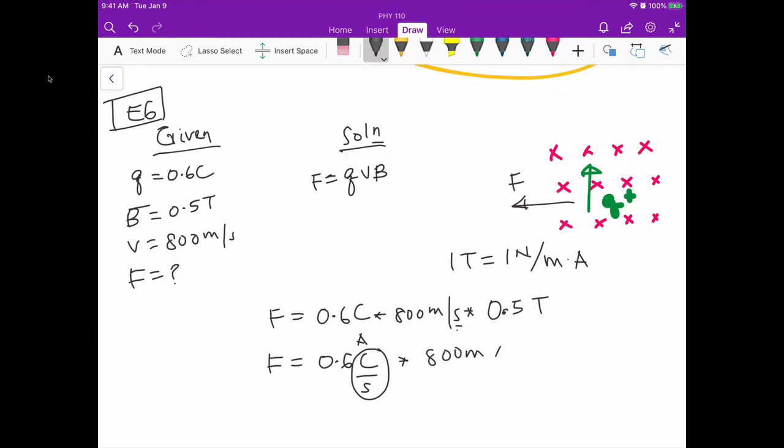So you have 800 meter. Then Tesla by definition is equivalent to Newton per meter per ampere. If you do a unit elimination, the ampere eliminates and the meter eliminates, then you will only be left with the force. So if you do a nice calculation, you're going to get 140 Newton.